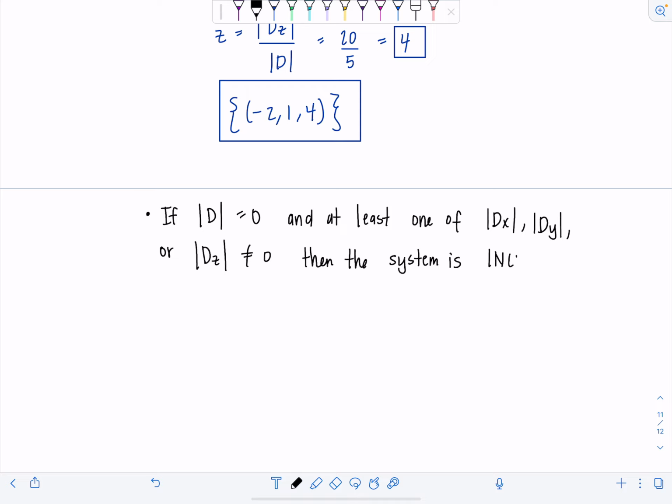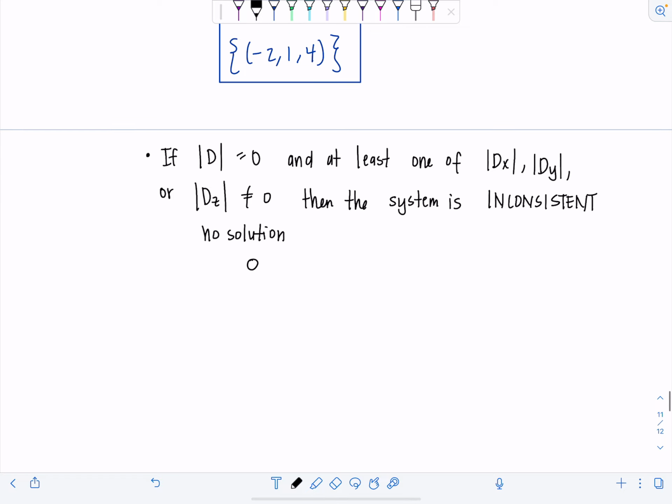When it's inconsistent, remember, that means that there's no solution. And so you could write out your final answer as the empty set. So that denotes the empty set, or you can write an actual empty set. I like that one. It's got good flair to it.